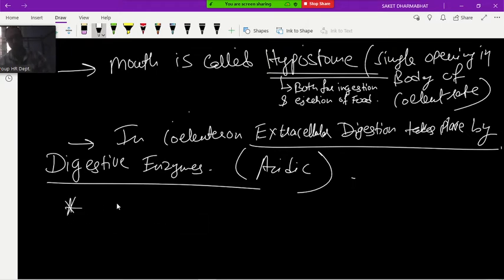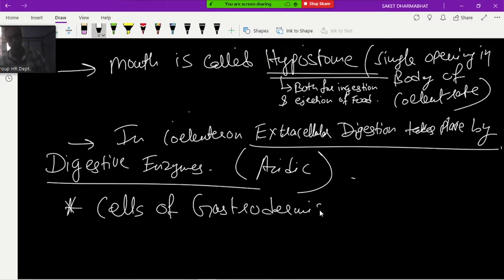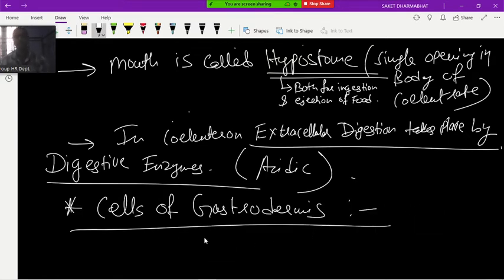Next, we will talk about cells of gastrodermis, or endodermis. Here, only one cell is present. The name of that cell is what? Nutritive muscular cell, also called endotheliomuscular cell.